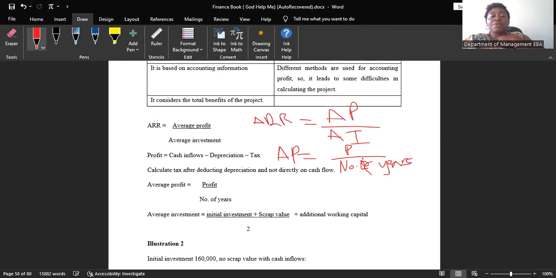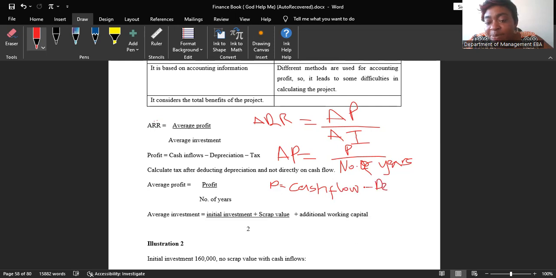Now we have to go further. How do we get this profit? This profit is gotten from all the cash flows. We will add all the cash flows from the project, minus depreciation.